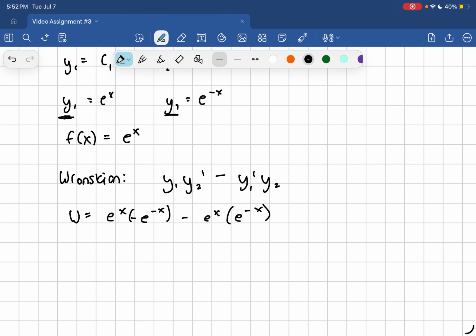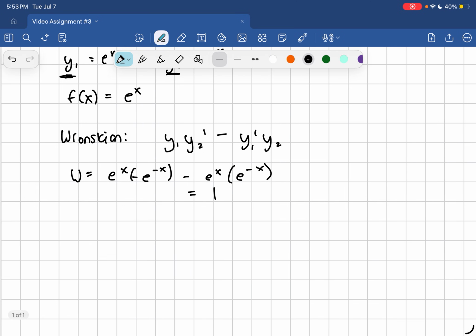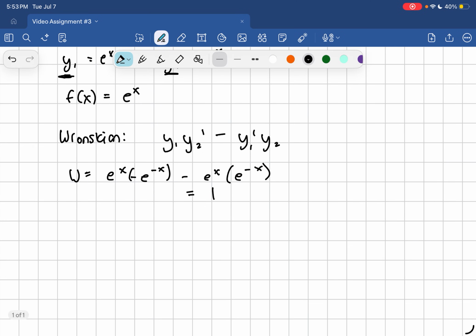So that's our Wronskian. And then we can simplify this out, because e to the x times e to the negative x is just equal to 1. Because this is just e to the x minus x, which is e to the 0, which is equal to 1. And then e to the x times negative e to the negative x is equal to -1.